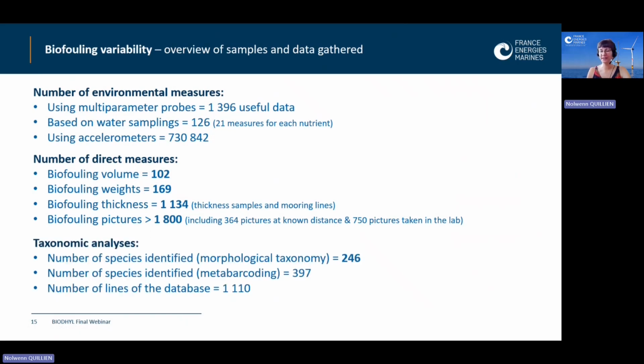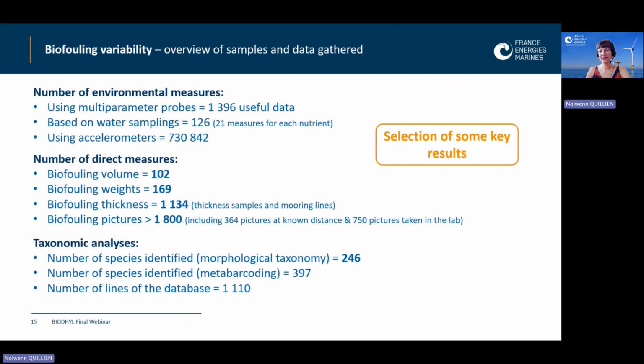And regarding the taxonomic analysis, we identified 246 species during the BIODHYL project, based only on the BIODHYL samples. And we also identified a lot of species based on molecular analysis, but this will be presented later.